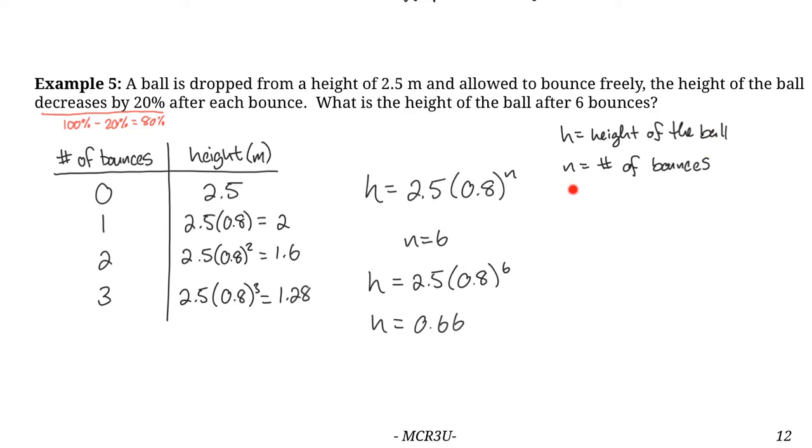And make sure you always introduce what new variables represent. So since the question asks what is the height of the ball after 6 bounces, n equals 6, so we can substitute that into our equation, and when we do that, we get that the height of the ball is approximately 0.66 meters after 6 bounces.